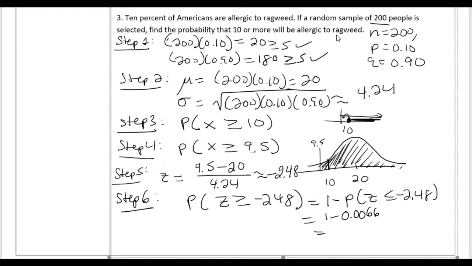All right, 1 minus that is going to be 0.9934. All right, and that's your answer. So 99% chance of finding 10 or more people that will be allergic. So, 10 or 11 or 12, and so on.